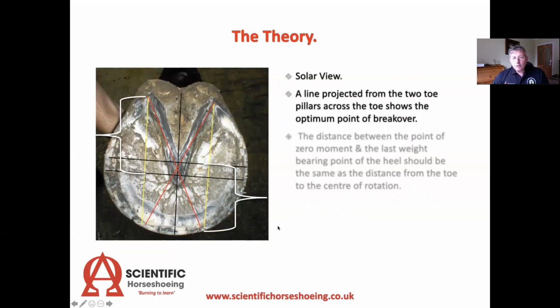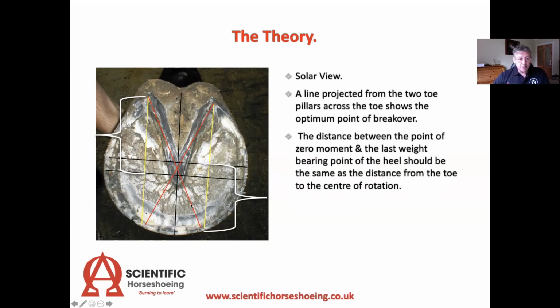A line projected from the two toe pillars across the toes shows the optimum point of breakover. This is our grey line here, so there's the optimum point of breakover. The distance between the point of zero moment, or point of pressure, and the last weight-bearing point of the heels should be the same as the distance from the toe to the center of rotation.